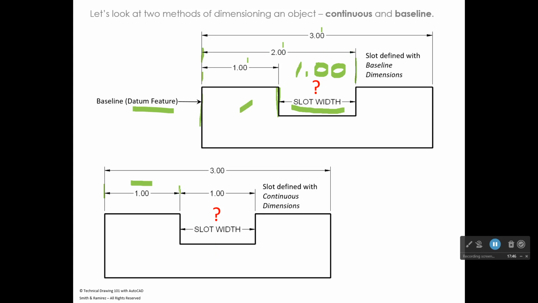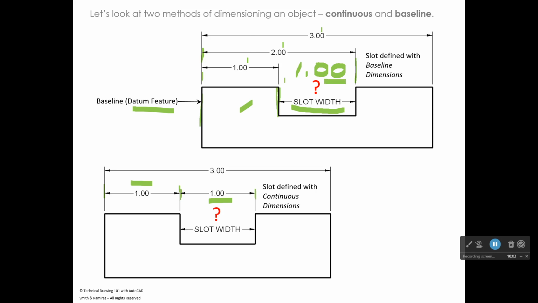We just picked up where this edge ended and we just added the slot at 1 inch. So the slot width here is 1 inch and the slot width up here is 1 inch. That's because there's no tolerances involved. Both of those would be the same.